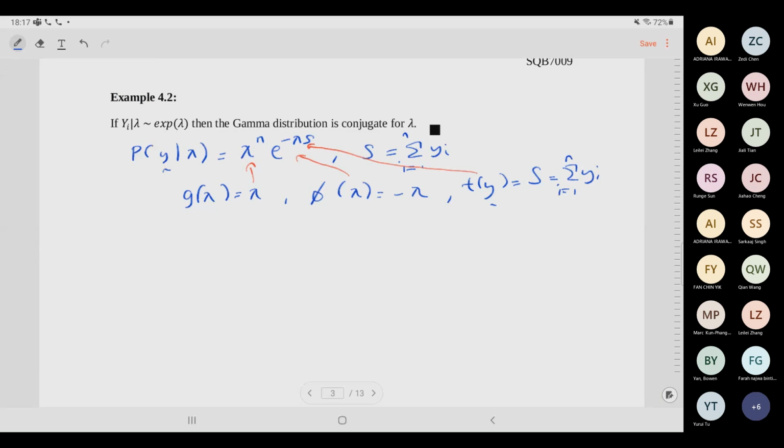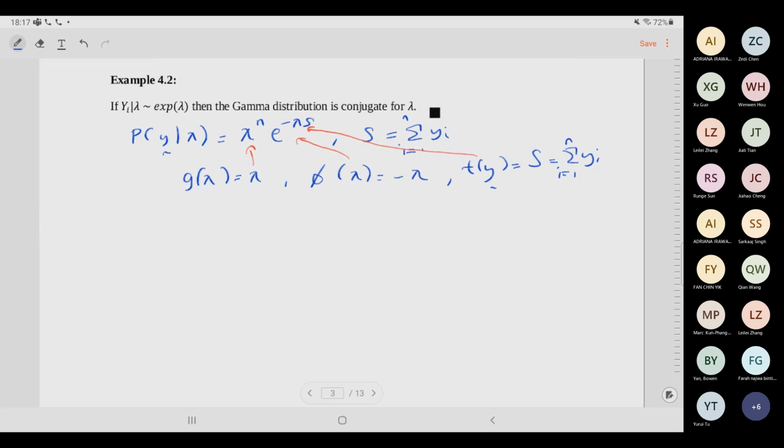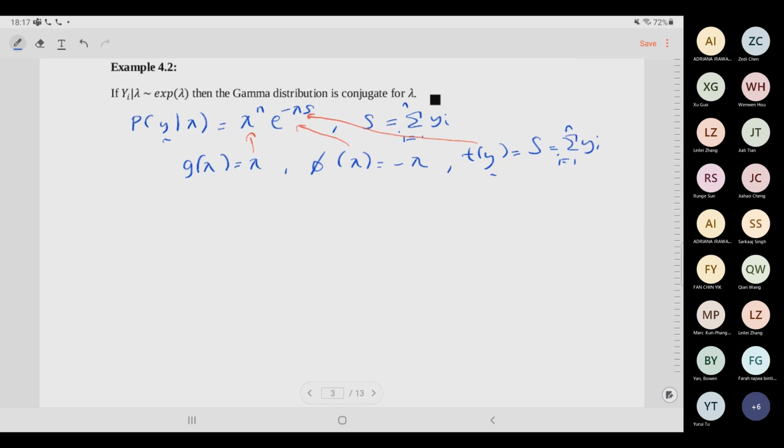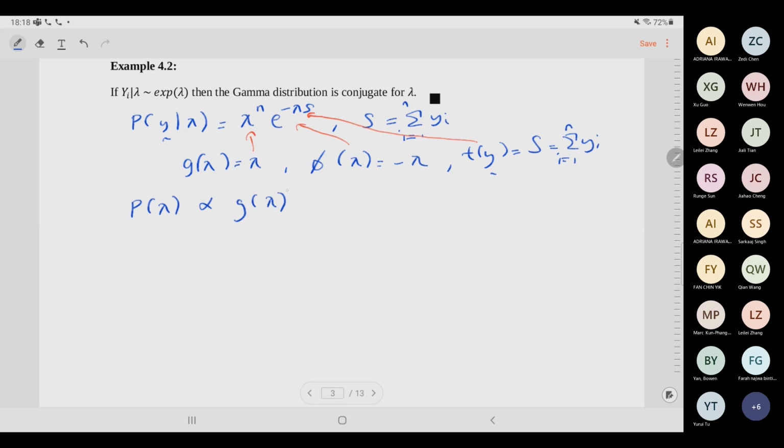Then we're going to look at our prior. If you look at this likelihood, the joint PDF, if we were to choose a prior which has the same form as your joint PDF or your likelihood, for example, we have your prior, so it will be log eta something. Then you have exponential.